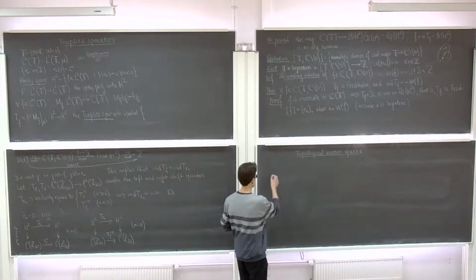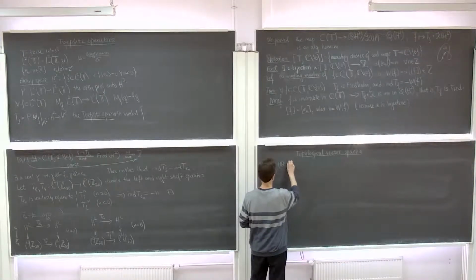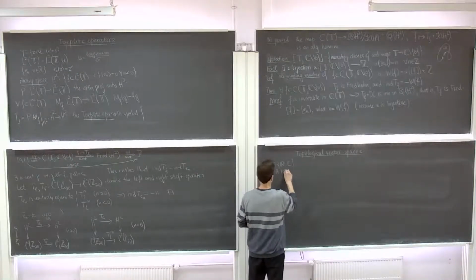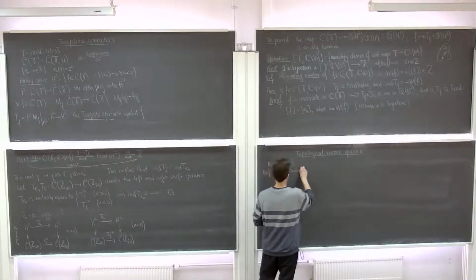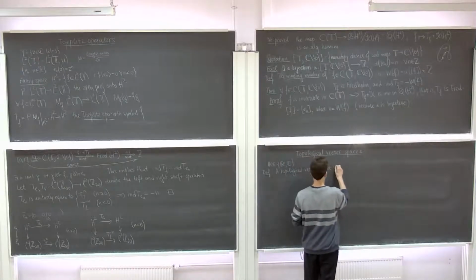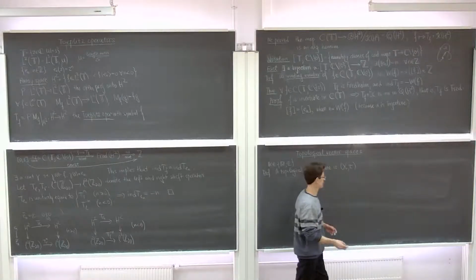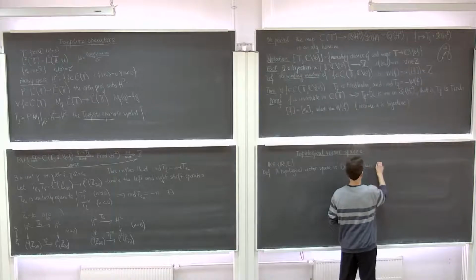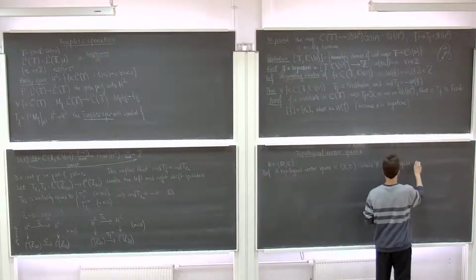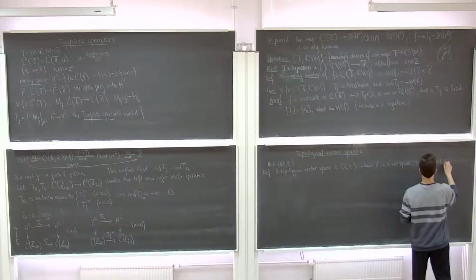Okay, so as usual, our base field will be either the field of real numbers or the field of complex numbers. I will give the following definition. A topological vector space is a pair consisting of a vector space X and a topology tau on X. So it is a topological space.